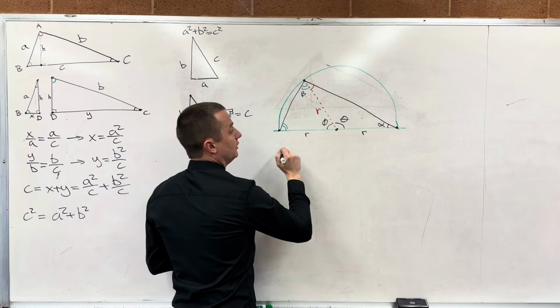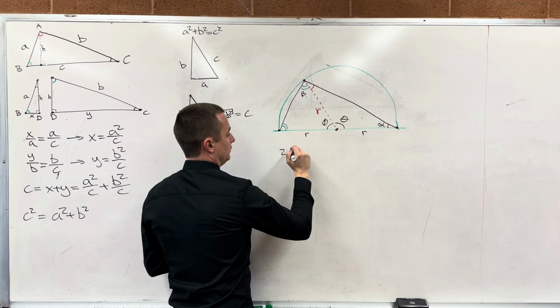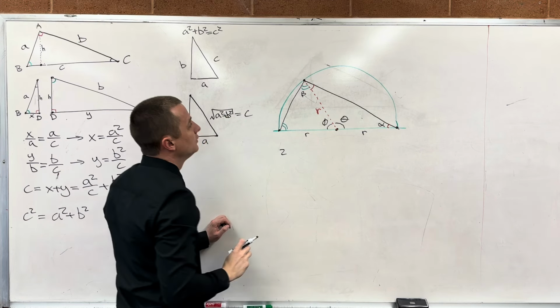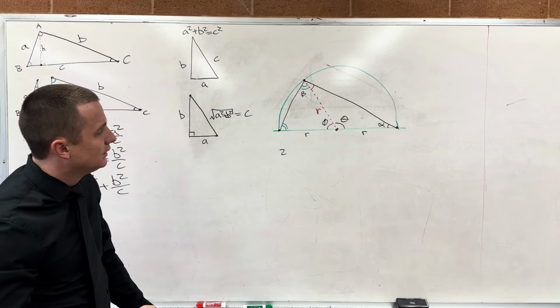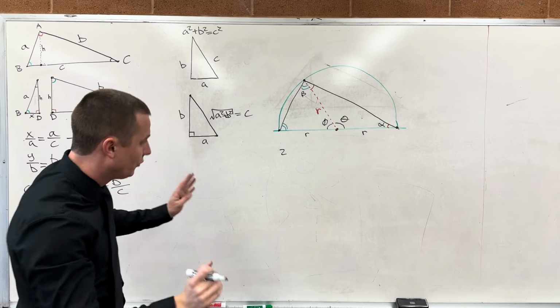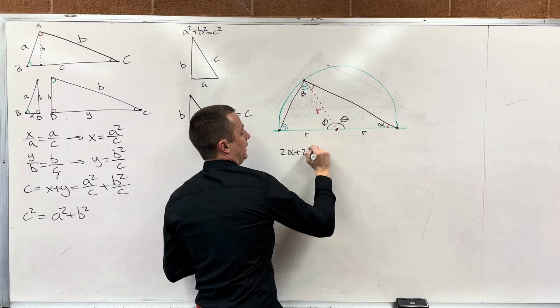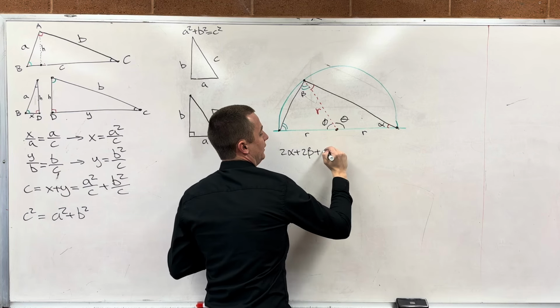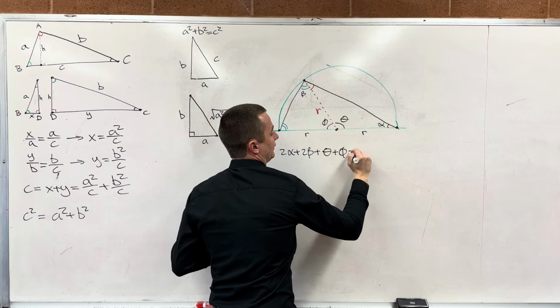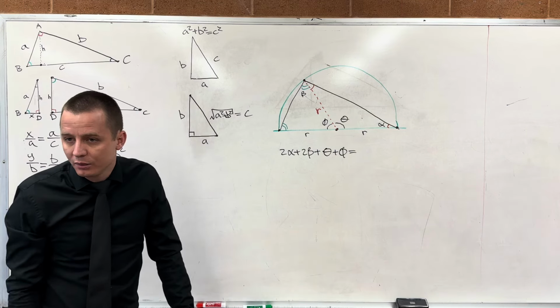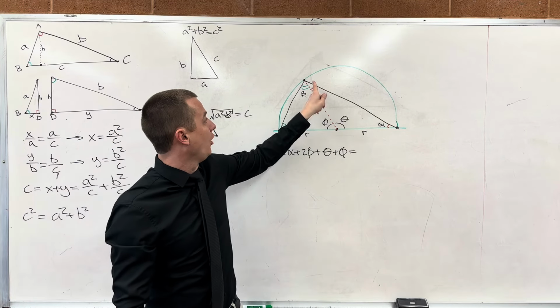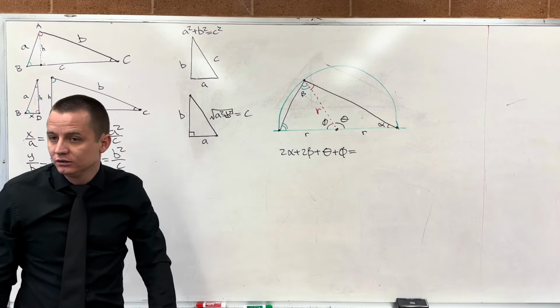Now, I know that 2 alpha plus 2 beta plus theta plus phi has to equal what? What's the sum of all the angles in a triangle?